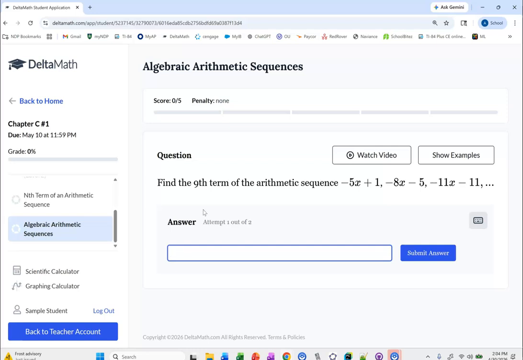I'm going to write my explicit formula. It'll have an x in it. That's fine. So it'll have n and x. We'll plug in, then after we have our formula, we'll plug 9 in for n, and then do some combining like terms or whatever and type in our answer. We're done. Okay?